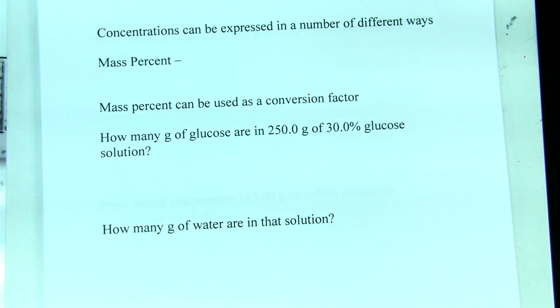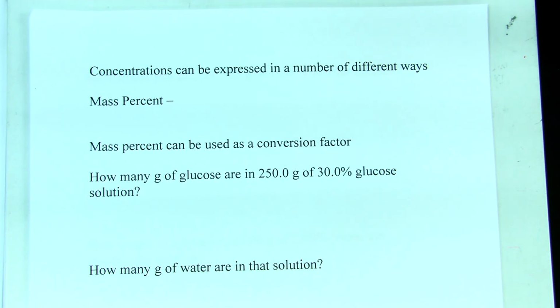So that first stuff was kind of an overview about definitions, how solutions form, why solutions form. Now we're going to talk about concentrations of solutions expressed mathematically in different ways with different concentration units. The first concentration unit is mass percent.